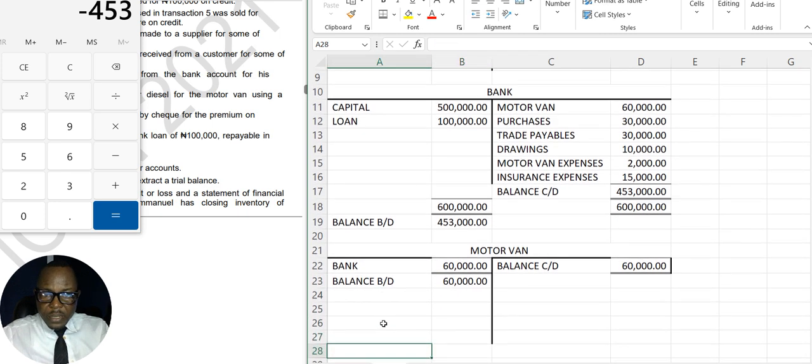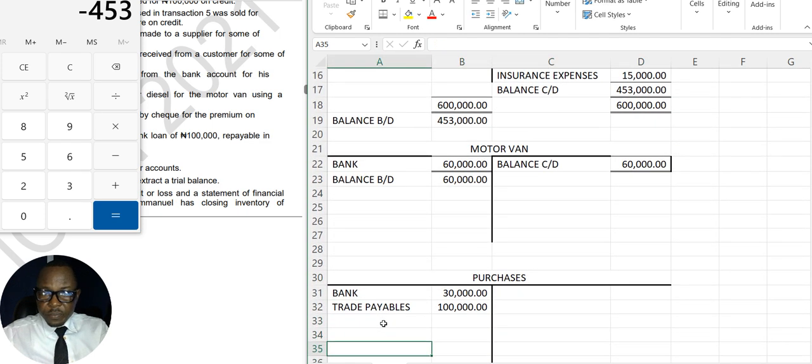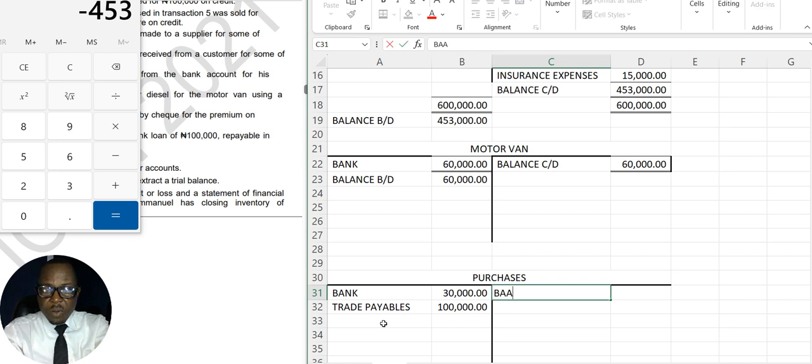All right. The next one is purchases. Purchases does not have anything on this side. Balance CD, that's balance carry down. Pull the total from here, which is what? 130,123.